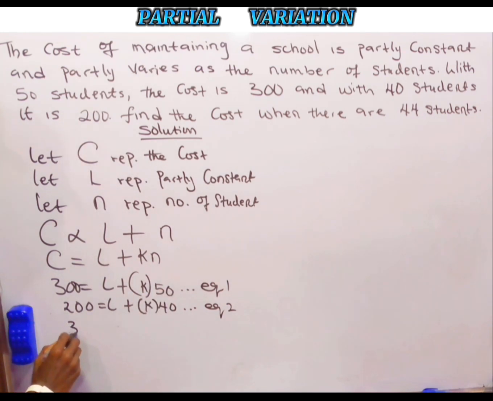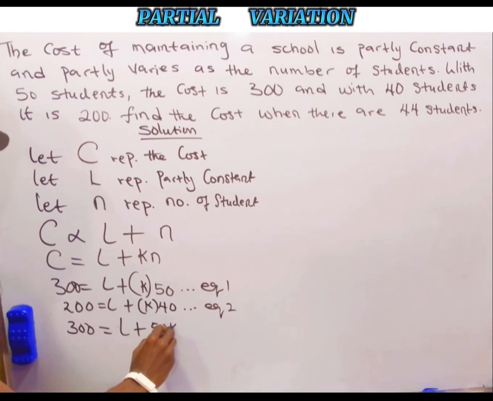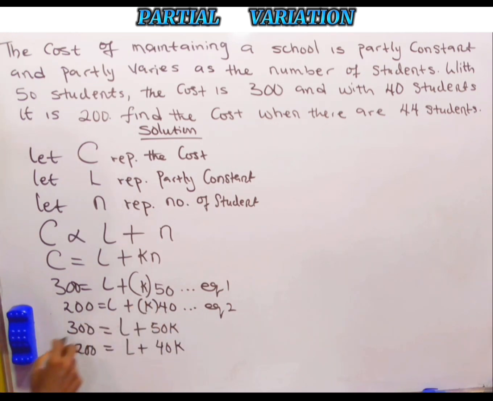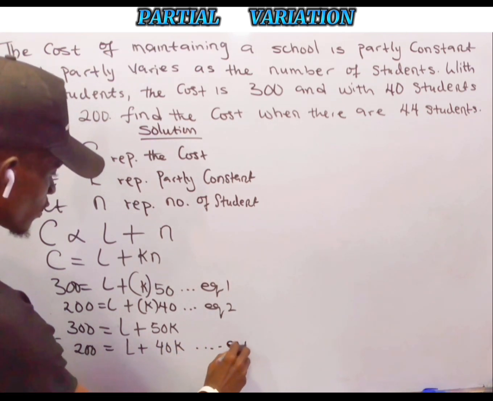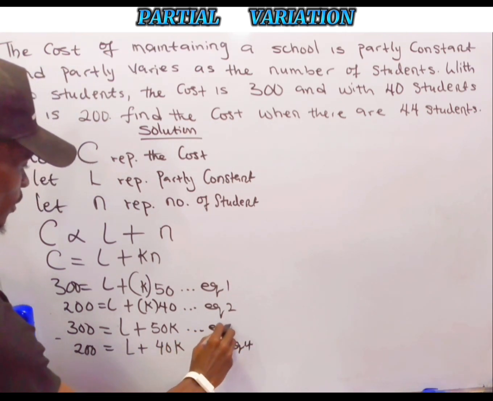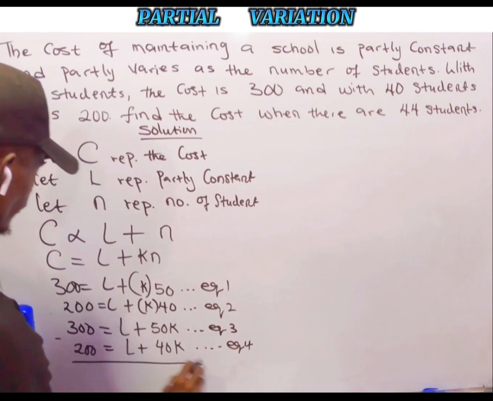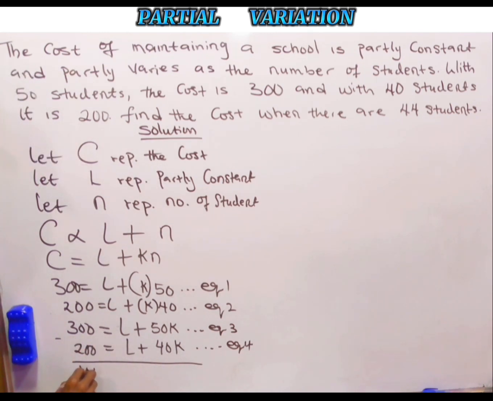From equation 1, 300 is equal to L plus 50K. And from equation 2, 200 is equal to L plus 40K. So let's subtract equation 2 from equation 1. 300 minus 200 is 100, L minus L is 0, 50 minus 40 is 10K.